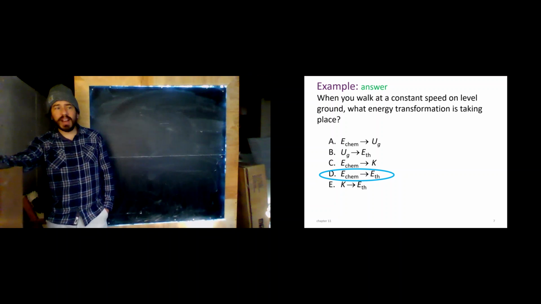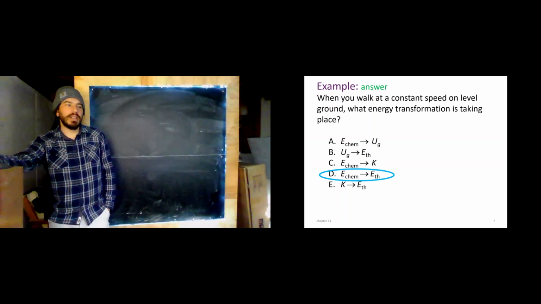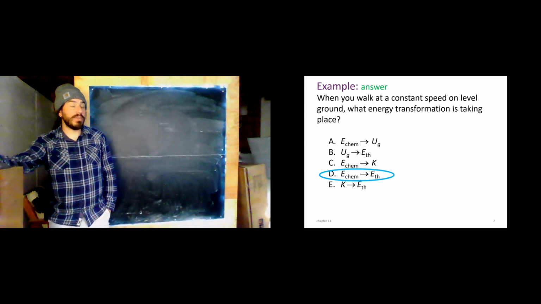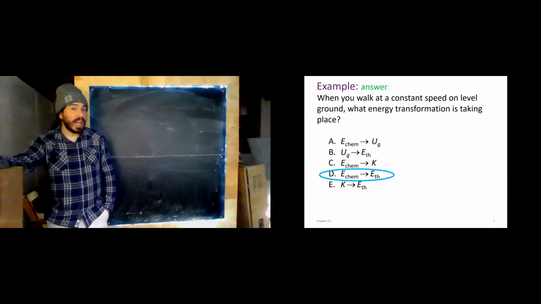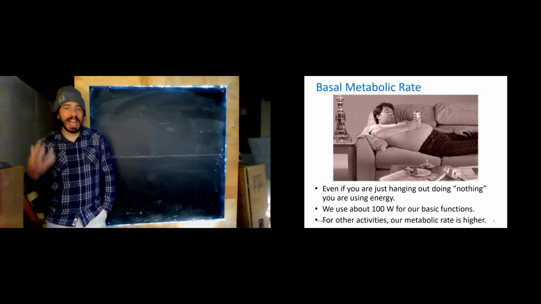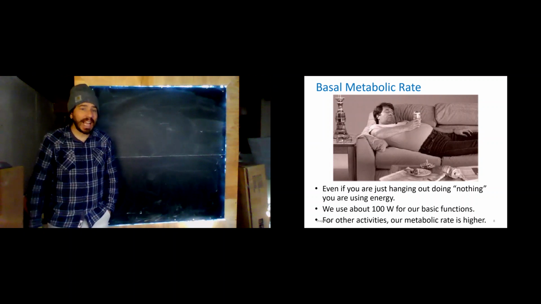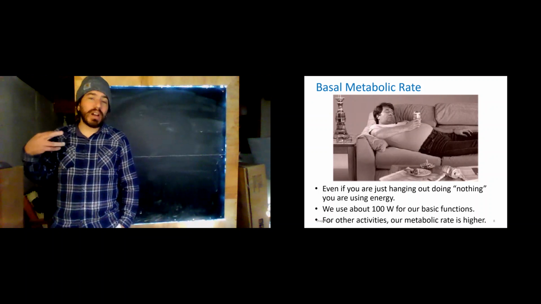That's the point of my existence. So, this kind of tells us how this idea of efficiency as applied to the human body is a little bit tricky, isn't it? Because sometimes we burn calories without accomplishing any useful energy out. And that's because our body just has to maintain these processes, right? And so even just hanging out, doing nothing, we use about 100 watts.